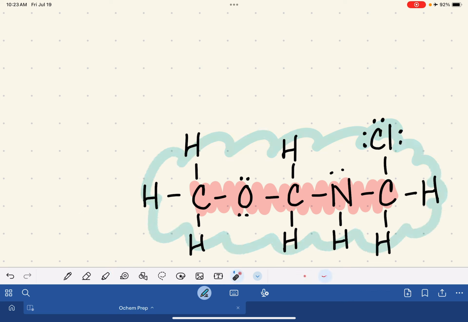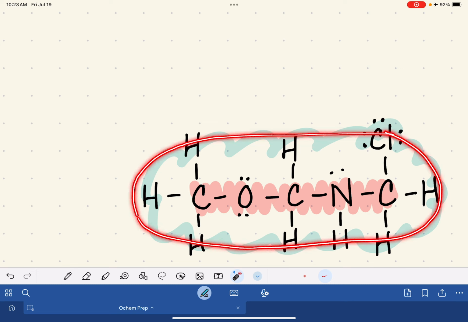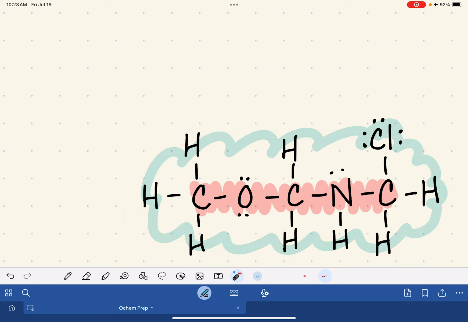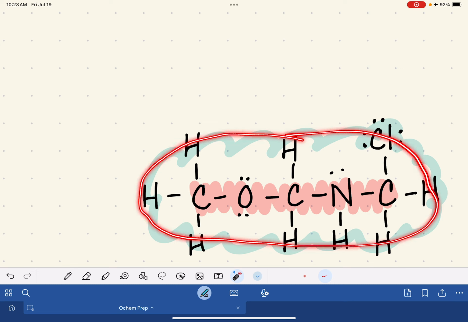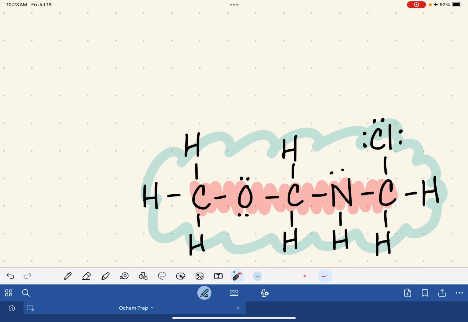The inside of the molecule is the connection of atoms that are literally on the inside of the molecule, and the outside will be other atoms that are around the perimeter of the molecule. If you look at this particular example, you'll notice that all of the hydrogen atoms are on the outside of the molecule. The halogen atom is also on the outside. The carbons, oxygens, and nitrogens are all on the inside of the molecule.